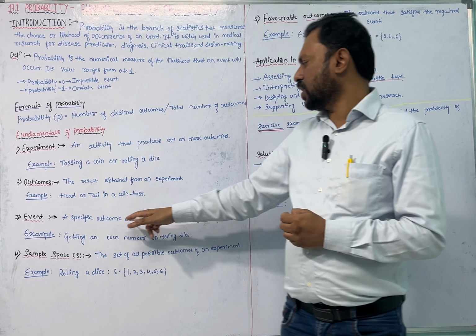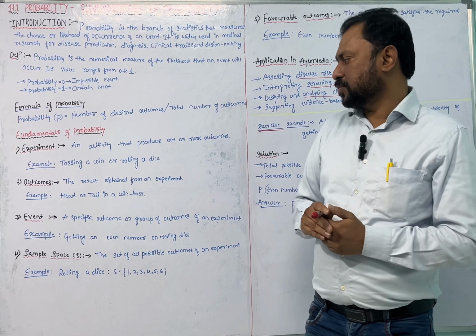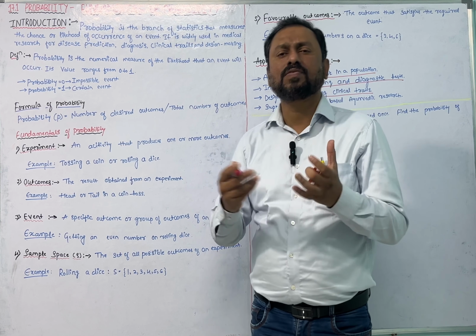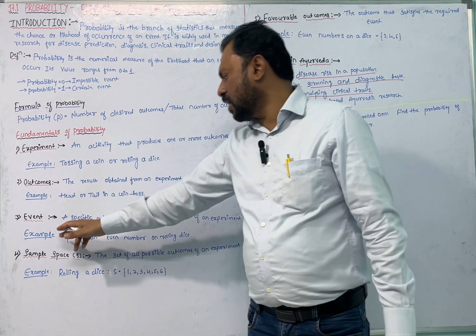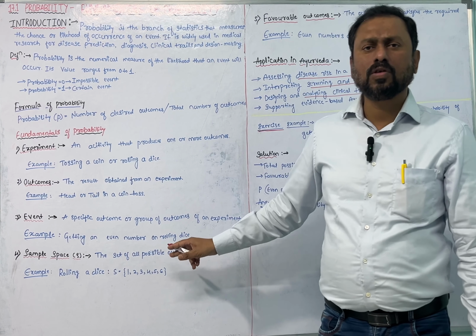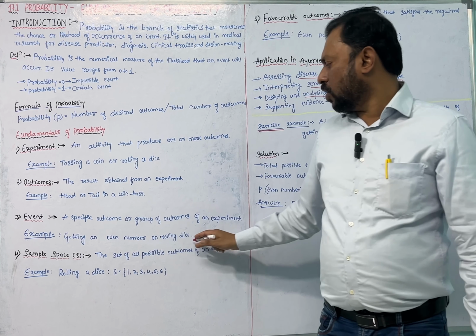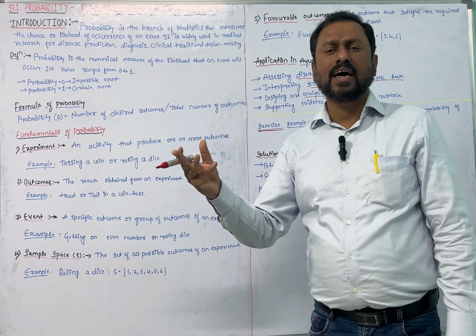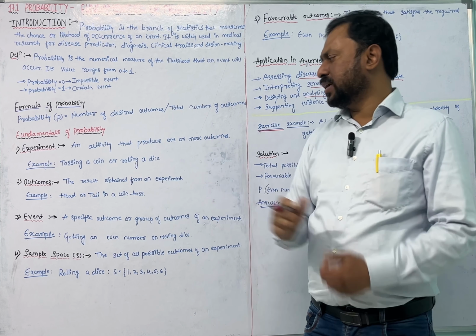An event is a specific outcome or group of outcomes of an experiment. Here the event is the specific outcome that we are expecting. An example is getting an even number on rolling the dice. If you are rolling the dice, the chances are 2, 4, 6. These are the events here.